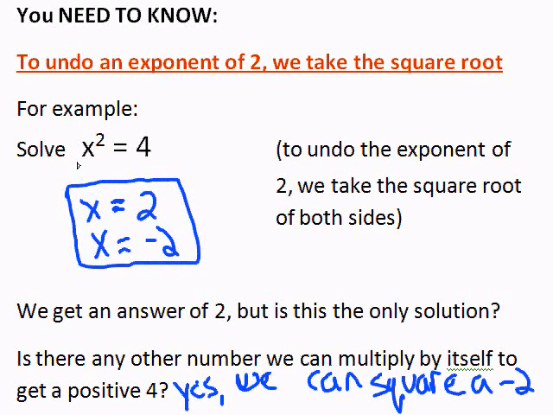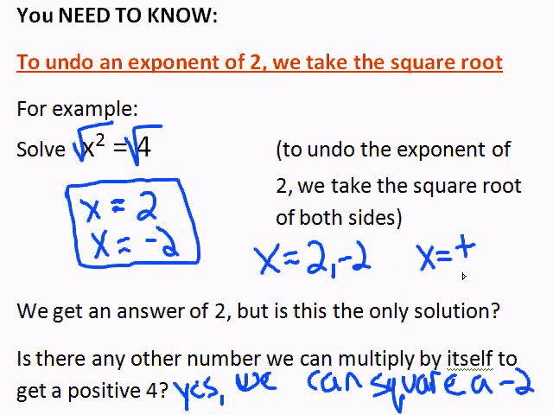This will always happen when we take the square root of both sides. We'll end up with a positive and a negative answer. You'll see this answer written in several different ways. You'll see it written as x equals 2 and x equals negative 2. You'll see it as x equals 2 comma negative 2. Or the shortest method of writing the two solutions is x is equal to positive and minus 2.